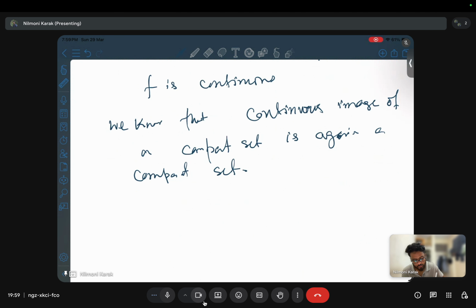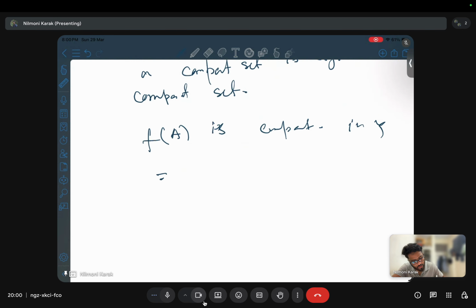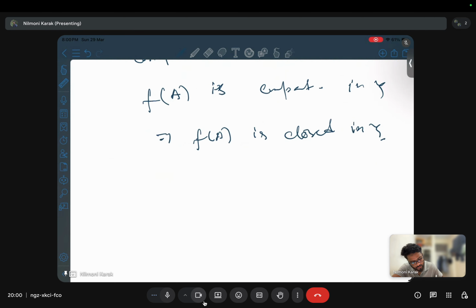So f(A) is compact in Y, and Y is a metric space, so f(A) is closed in Y. So f is a closed map. So 4 is correct.